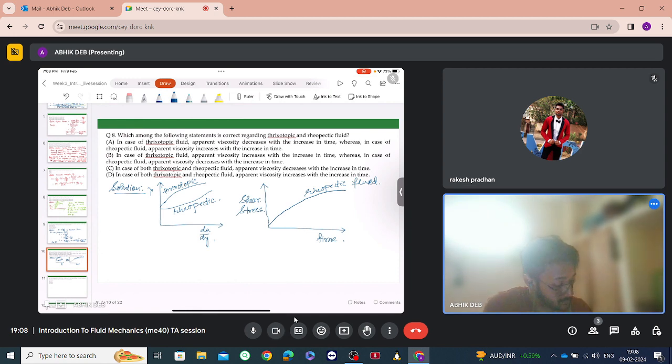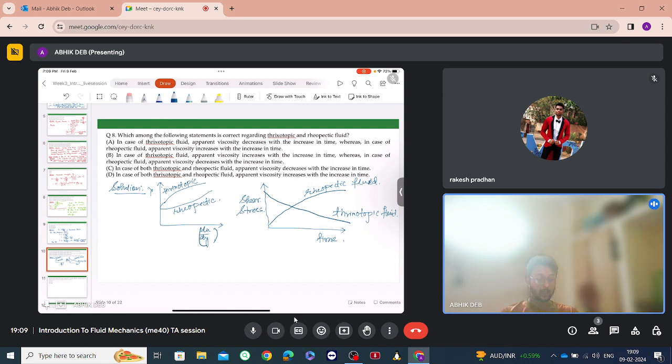And this one is the thixotropic fluid. So with time, the shear deformation, du by dy, or the shear stress value is decreasing for thixotropic and increasing for rheopectic fluid.